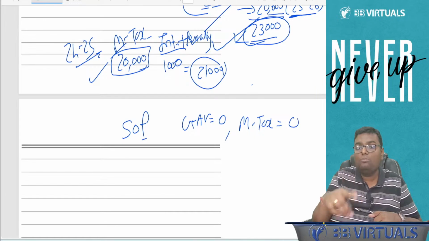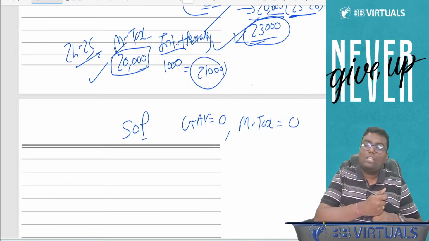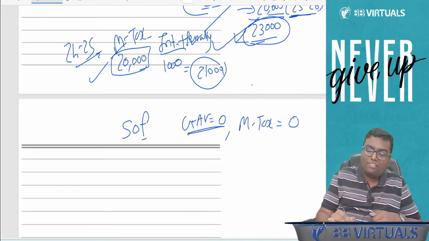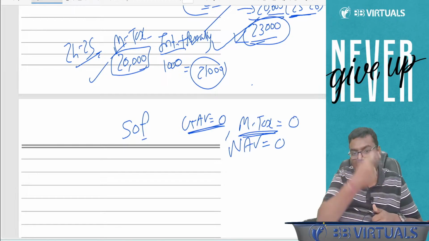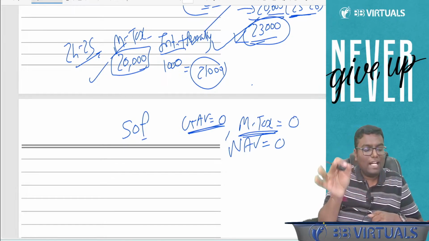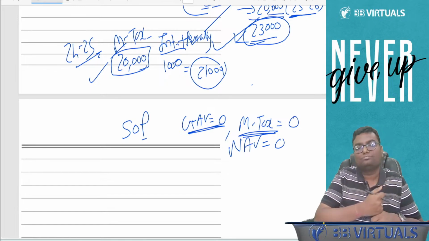It will be assumed as zero. So can I say for self-occupied property GAV is zero, municipal tax is also zero, so by default net annual value is also zero as per the structure.